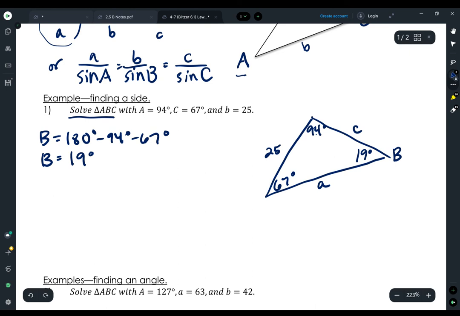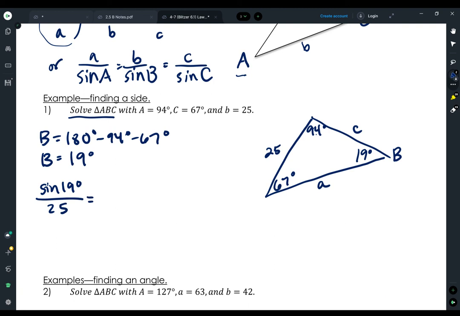So I can say that the sine of 19 degrees over 25 is going to equal, let's start with A, the sine of 94 degrees over side A. And then I've just got to go through and do some algebra here. I'll multiply both sides by A, multiply both sides by 25.